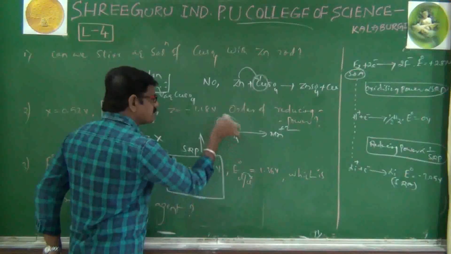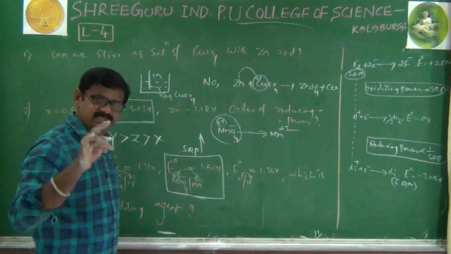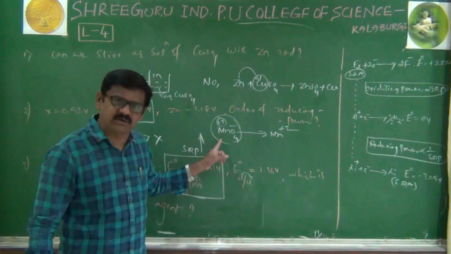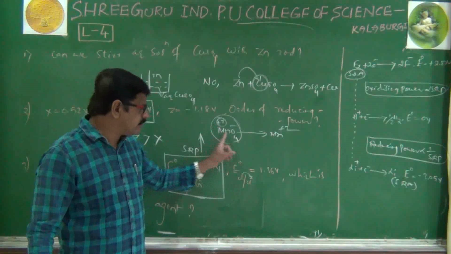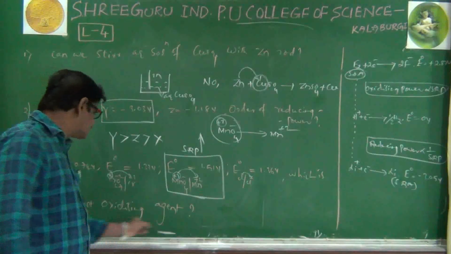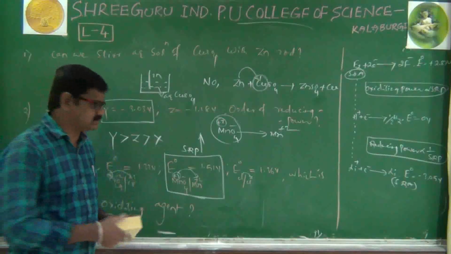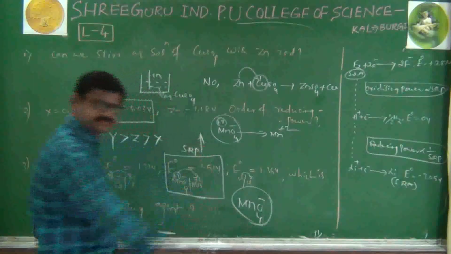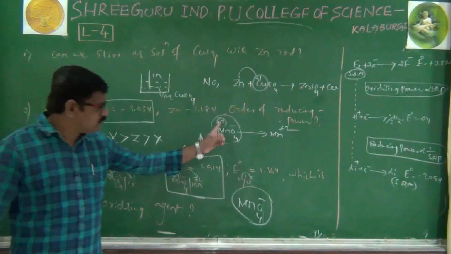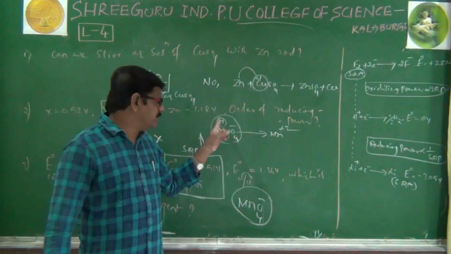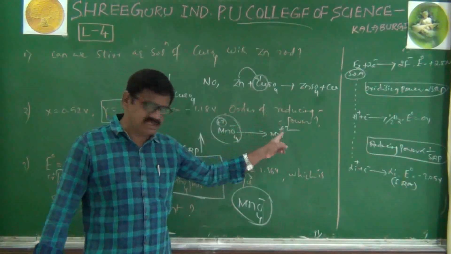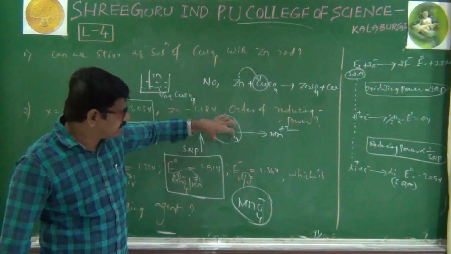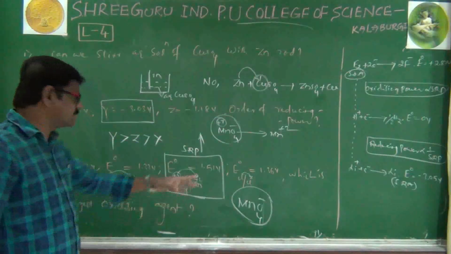Plus 7 converted to plus 2 means MnO4- itself undergoes reduction, remember. That's why MnO4- is the strongest oxidizing agent in this question. Our answer is MnO4-, because being in the +7 oxidation state, it is converted to +2, a decrease in oxidation state, undergoing reduction. That's why it is a strong oxidizing agent.